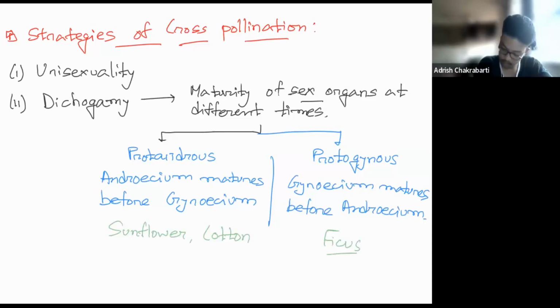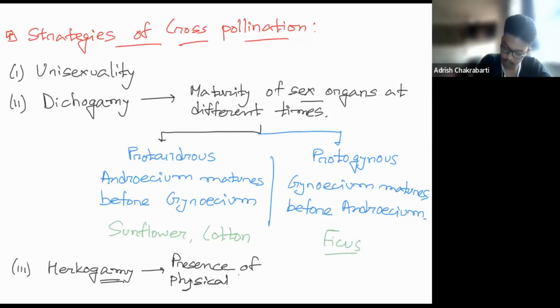Okay. The third is hercogamy. I'm not writing a detailed definition, I'm just writing the key highlight point. Presence of physical barrier. Okay, this is good. Presence of physical barrier.